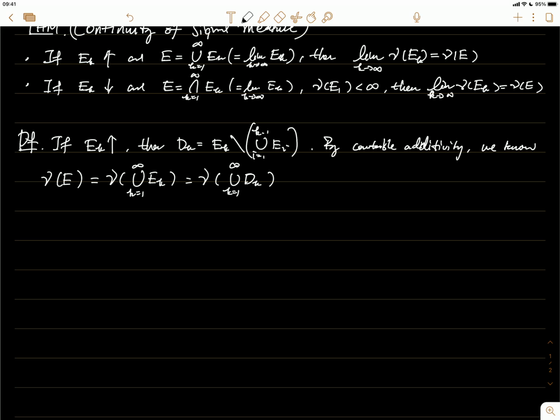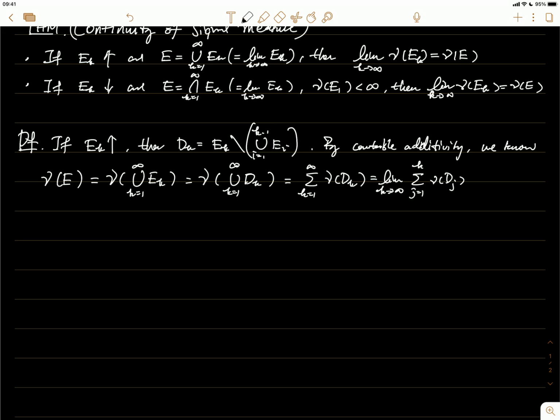Okay, and this, due to the countable additivity of the signed measure, has become the sum of the signed measure of dk. And this apparently is equal to the limit of the partial sum.